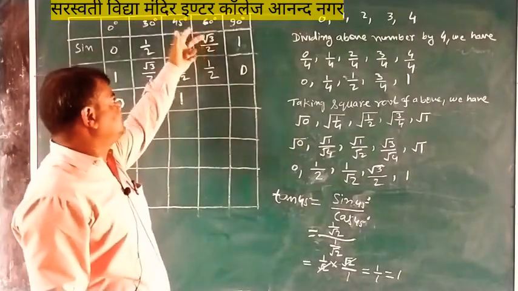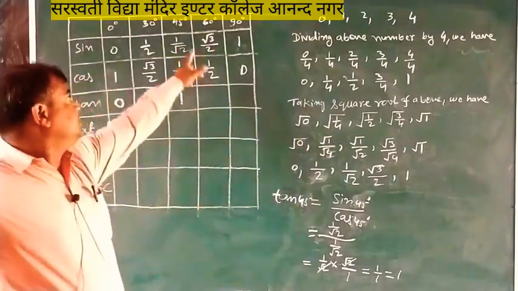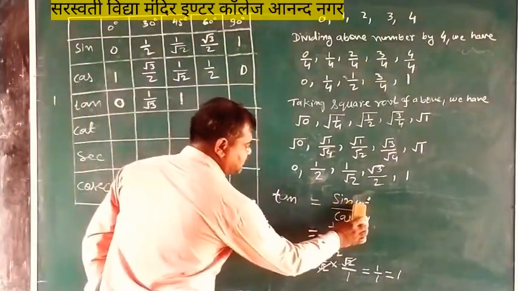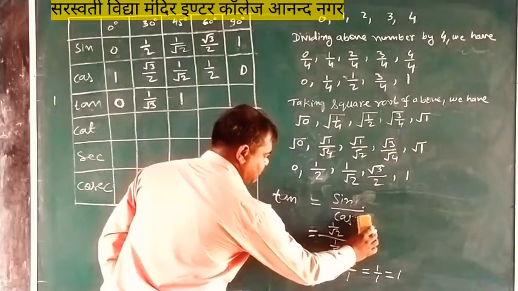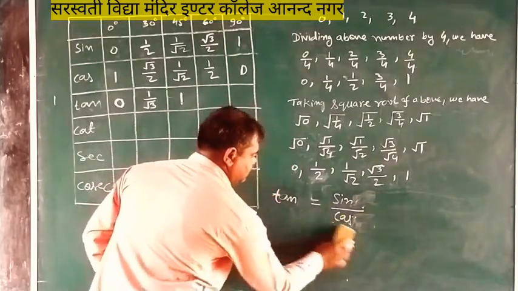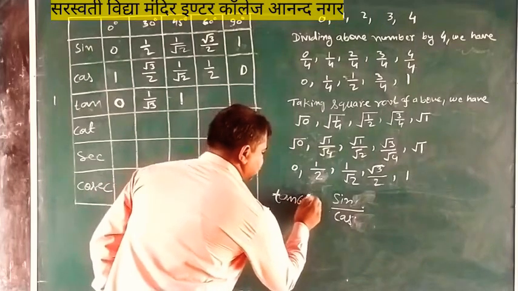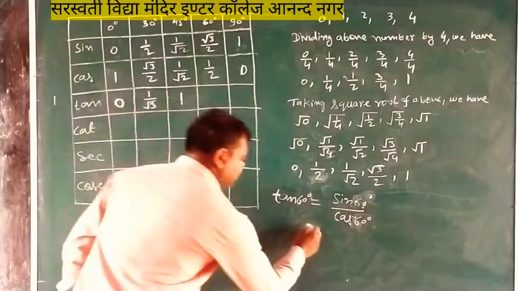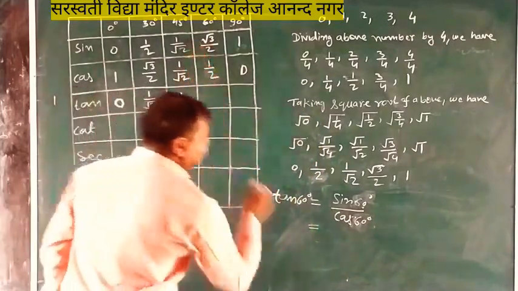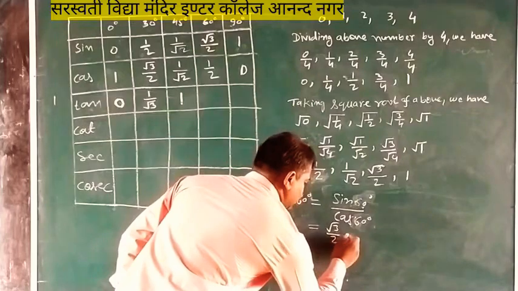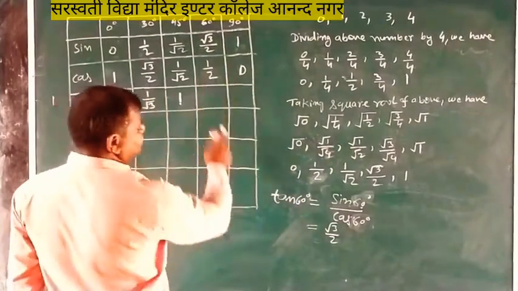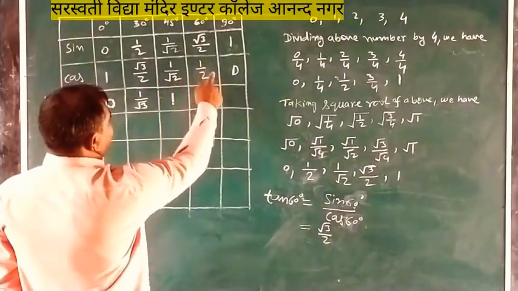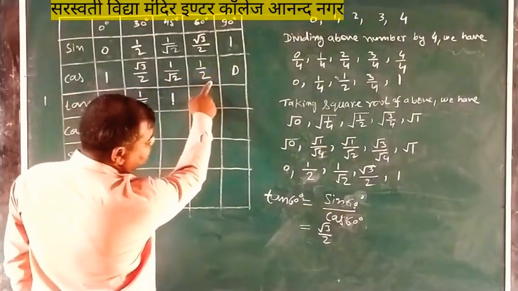And like this, same, tan 60 degree. Tan 60 degree is equal to sin 60 degree by cos 60 degree. The value of sin 60 degree is under root 3 by 2, and the value of cos 60 degree is 1 by 2.